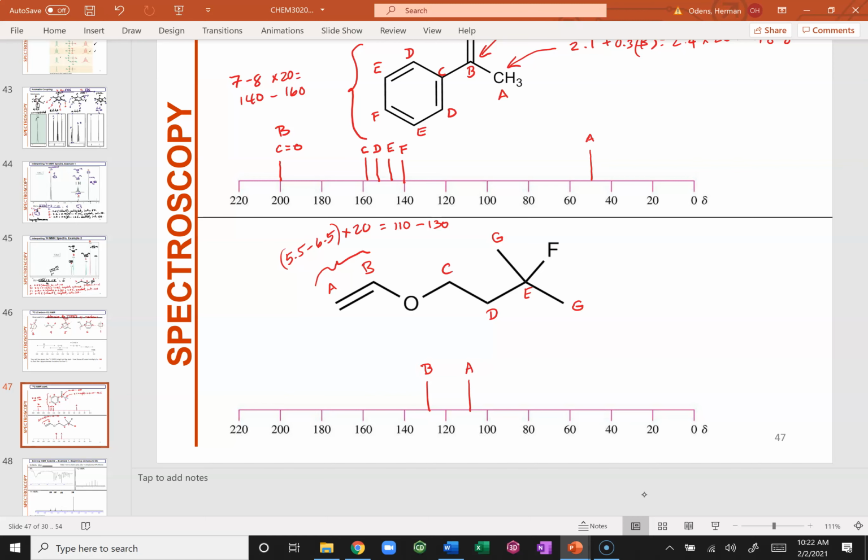All right, let's do C. What is C? Let's do it mentally now. C is at 3.3 plus 0.3 because it's a CH2. Does it have a beta group? Yes. It'll be a beta group on the double bond to the left. So this will be alpha, beta with respect to that signal.